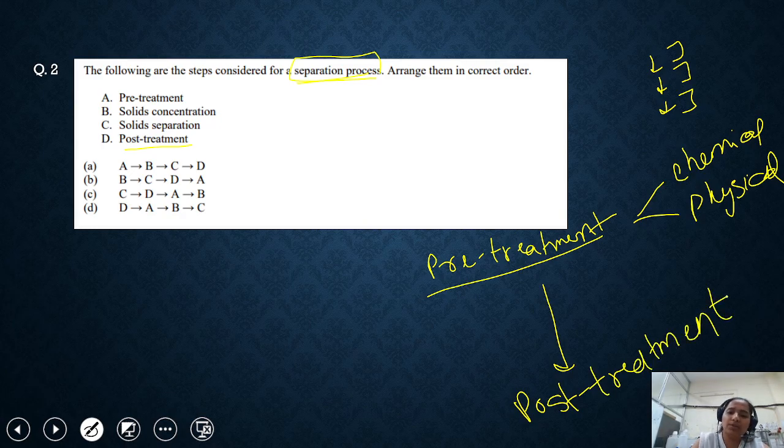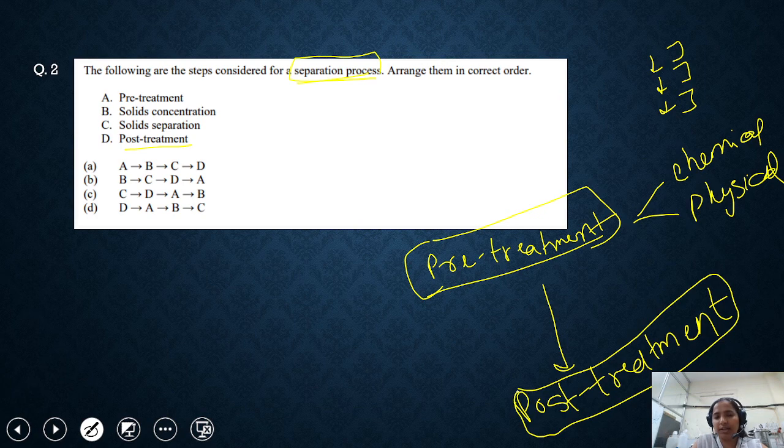So starting from pre-treatment you have to go till post-treatment. In pre-treatment people use different methods, but they are very basic, like some chemicals, and some physical methods are also used. Then after pre-treatment, you initially concentrate the solid part.